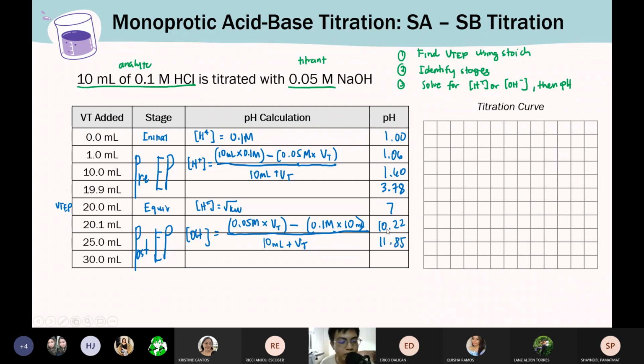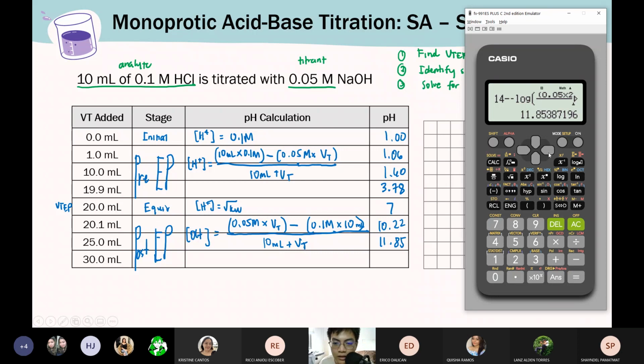And then lastly, 30 ml. 30. Pati denominator, huwag kakalimutan. 30. Okay, so 12 point. Teka lang. Tama ba? 30. 10 plus 30.